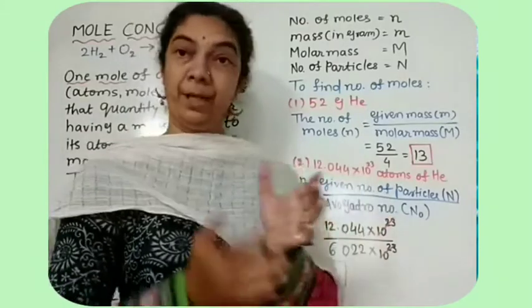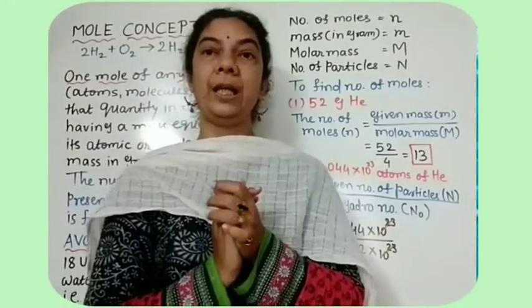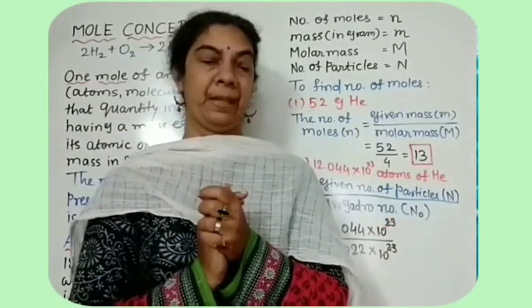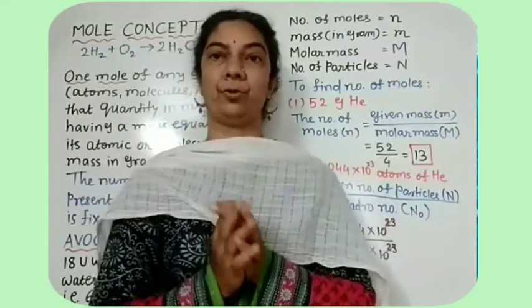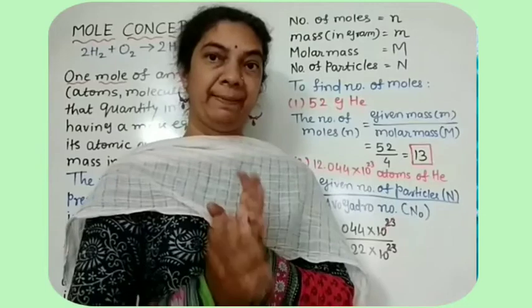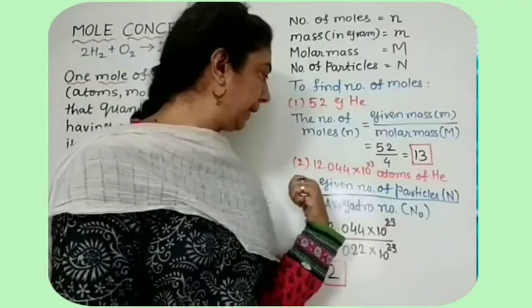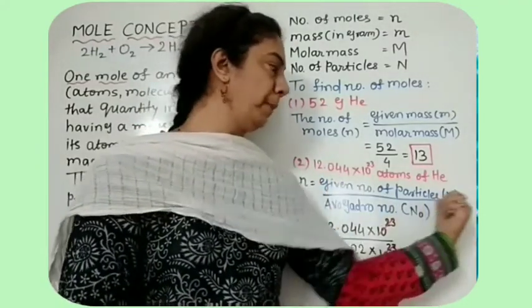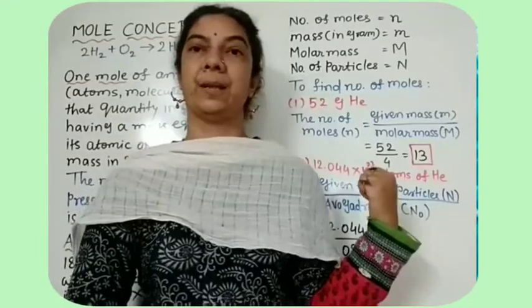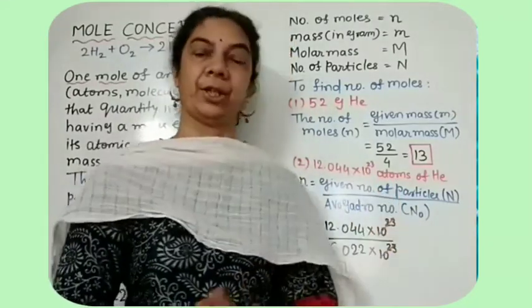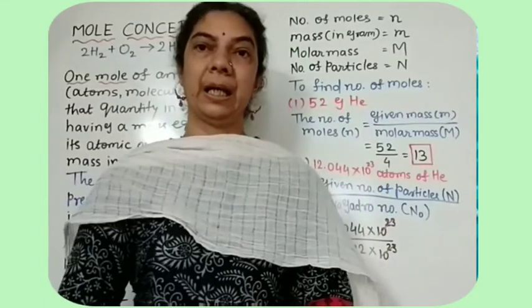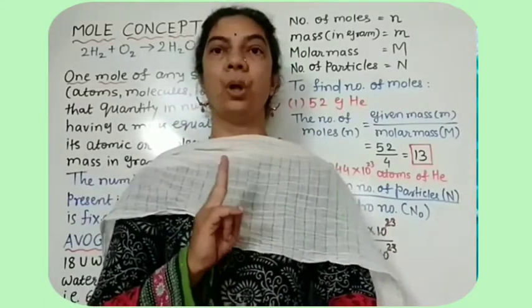Likewise, if the number of particles of helium is given as 12.044 into 10 raised to 23, then for finding moles, n equals given particles upon the fixed number, that is Avogadro number. By cancellation, we get the answer as 2 moles.